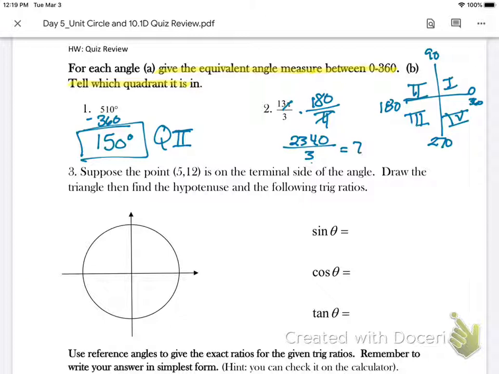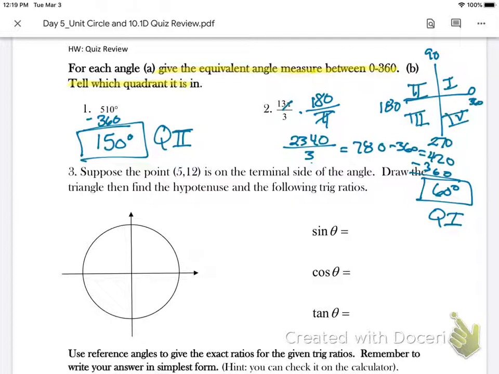Now you get 780, right? So you would have to do 780 minus 360 gives you 420. And then minus 360 again gives you 60 degrees, which now that number is between 0 and 360, and it still yields us to say it is going to fall in quadrant 1. So either way works. Just make sure you keep going until it is between 0 and 360. You can tell which quadrant it lies in.